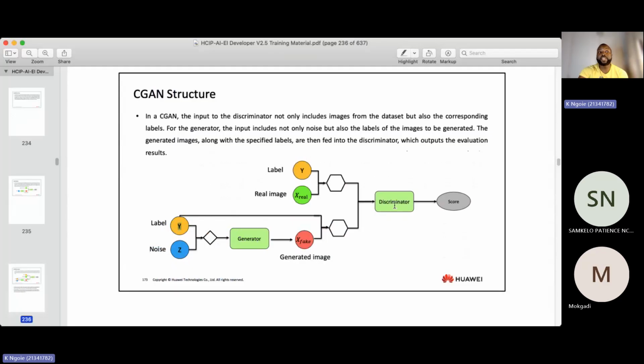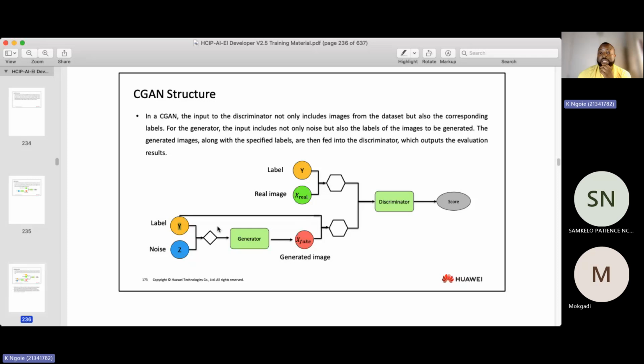In the other case, the discriminator will receive the real image and also the condition Y together. It's going to learn to output 1 if the image is real and matches the label. It's going to output 0 if the image is fake and does not match the label.